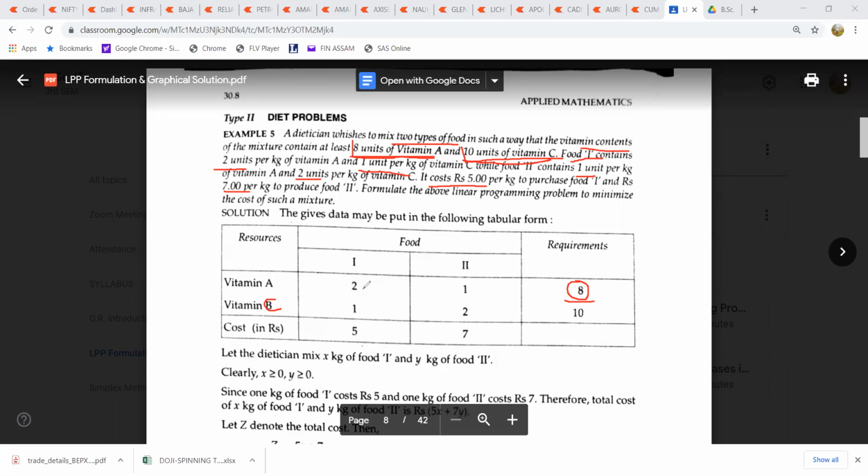So the first condition will be 2x plus y greater than or equal to 8. And for vitamin C, it will be x plus 2y, and a minimum of 10 is required, so greater than or equal to 10. Also x greater than or equal to 0, y greater than or equal to 0. That's over.